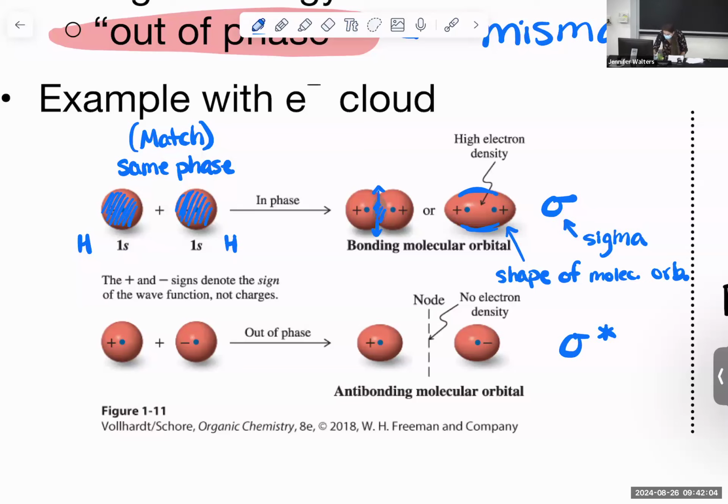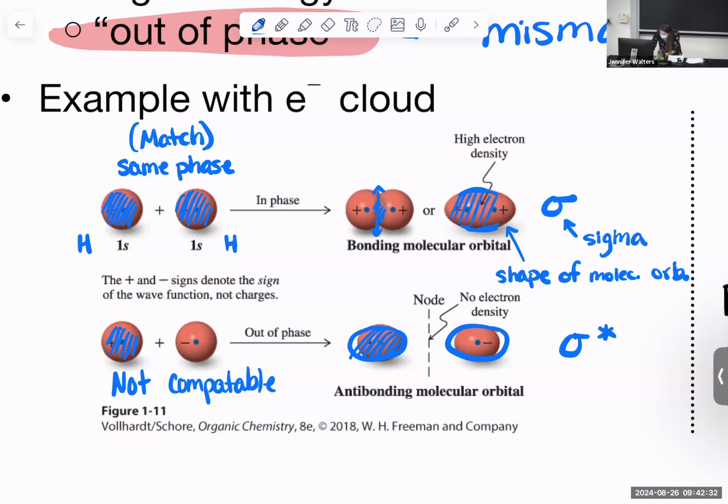So that's where we're looking at. These are now out of phase, where 1 is shaded and 1 is not. These are not compatible. So what they're going to do is repel each other. They're going to push each other away. So then you get this shape where they're pushing away from each other.